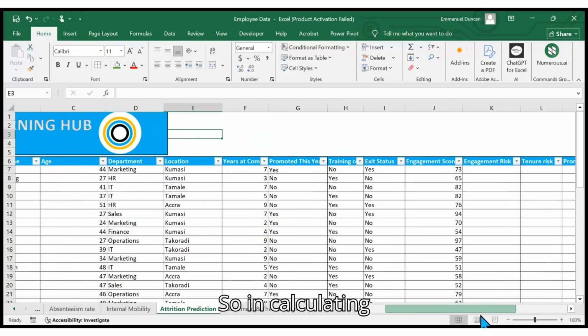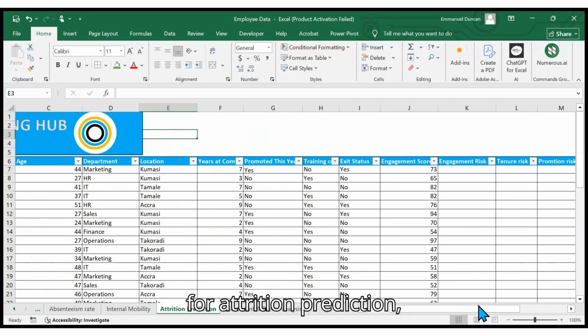So, in calculating for attrition prediction, you need to consider certain key factors. Here, we are going to consider the exit status to know those who are still with the company and those who have also left.